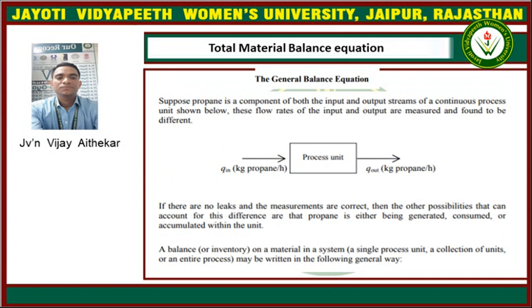General balance equation. Suppose we measure the propane component in both the input and output streams of a continuous process unit shown below. The flow rates of input and output are measured and found to be different, in kilograms of propane per hour.